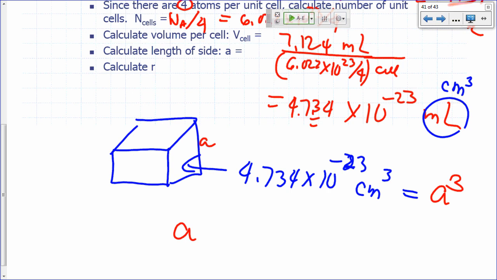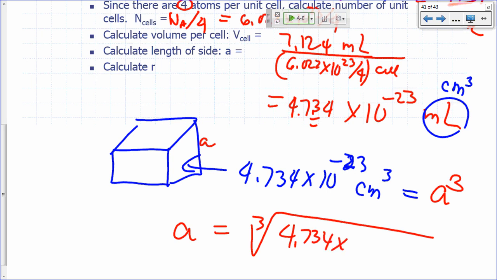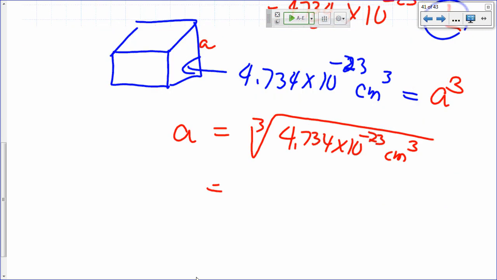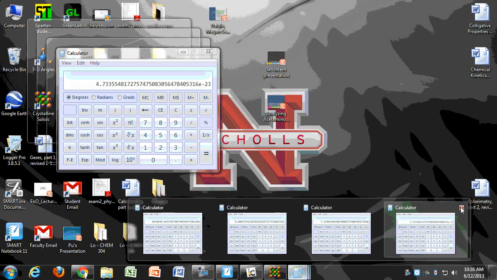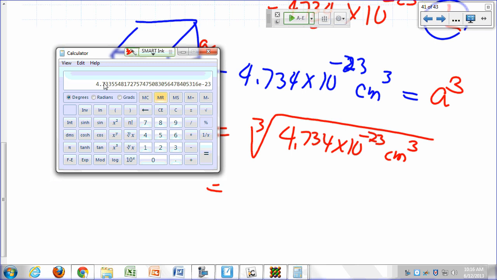How long is the side of a cube? a would be equal to the cube root of 4.734 times 10 to the negative 23rd cubic centimeters. So here, I just take the cube root.